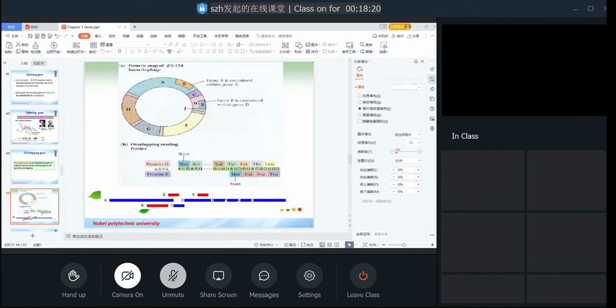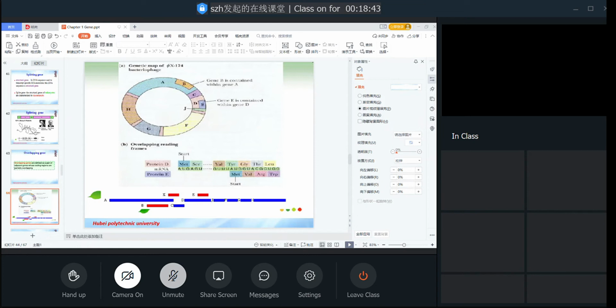These two lines mean one DNA molecule. You can see the double helix structure. You can see the gene A. From this point it begins to be transcribed. The structural gene is transcribed, and according to the RNA synthesis, it is produced until the termination point.